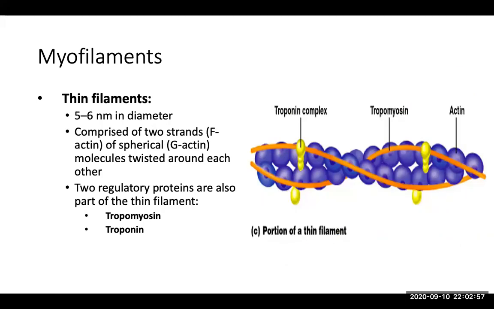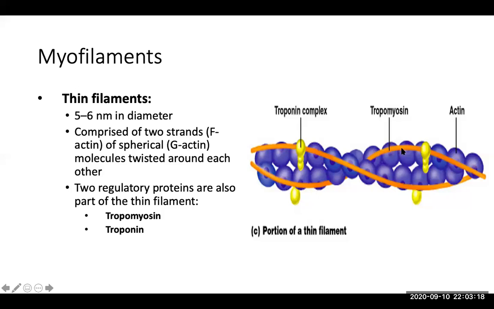The thin filaments then will be much smaller in diameter. They are composed of two strands of spherical molecules twisted around each other. And there are two regulatory proteins that are also part of the thin filament. Tropomyosin is this long spaghetti-like orange structure.